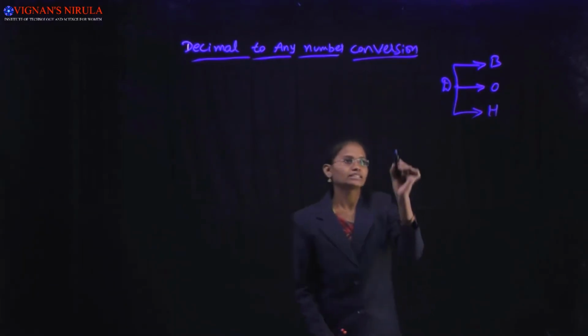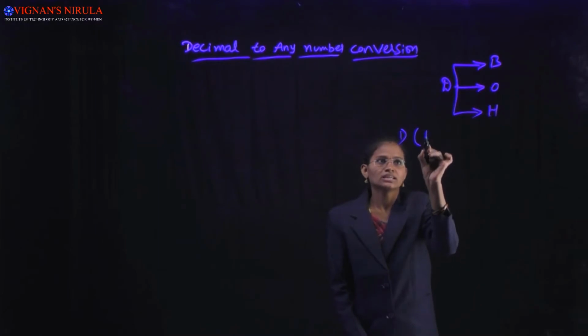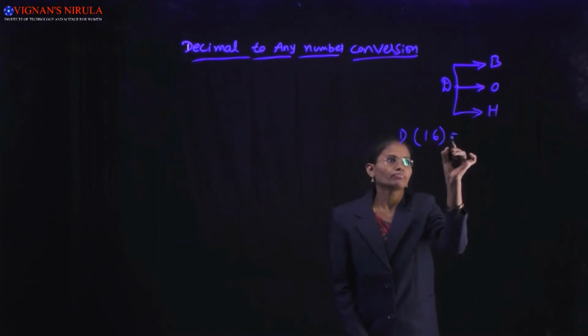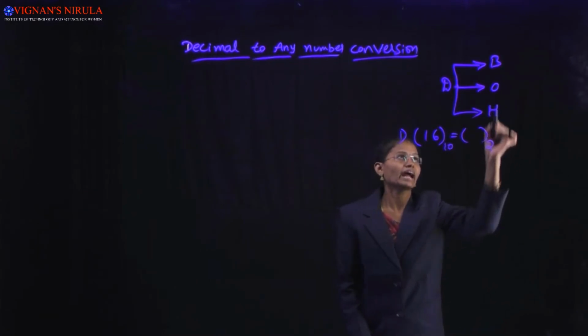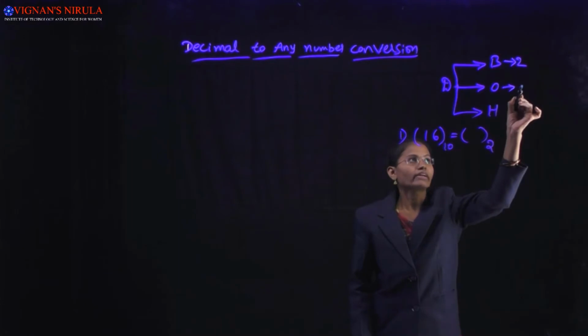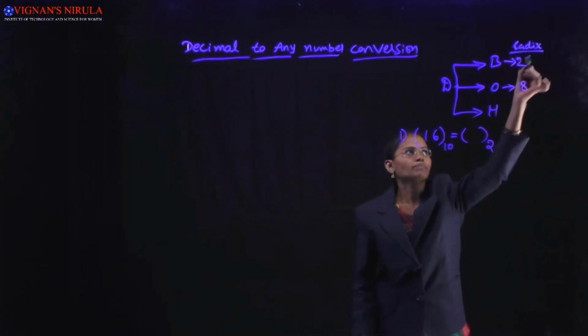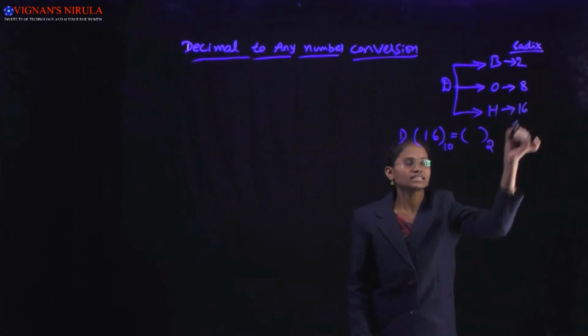For example, considering the decimal number 60, then convert. Binary radix is 2, octal radix is 8.